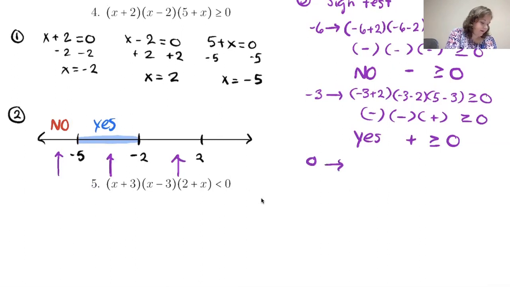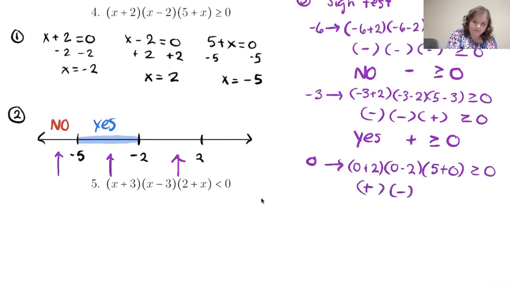Okay, so we'll do 0 plus 2, 0 minus 2, and 5 plus 0, greater than or equal to 0. So 0 plus 2 is positive, 0 minus 2 is negative, 5 plus 0 is positive. Positive times negative times positive is a negative, which is not greater than or equal to 0, so this one's a no.